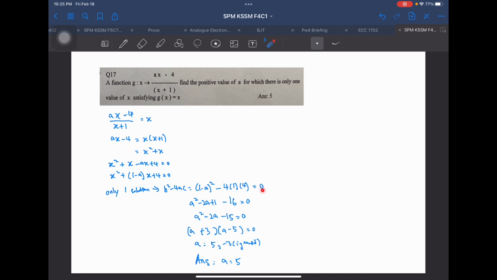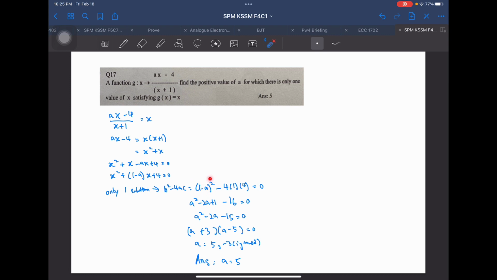So you just substitute into b squared minus 4ac. b is 1 minus a, a is 1, c is 4. Substitute it in, and then this 1 minus a bracket squared, like in the last video, we did it using the (a plus b) bracket squared formula.